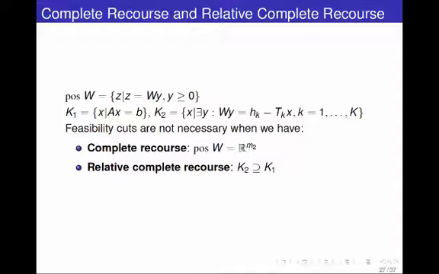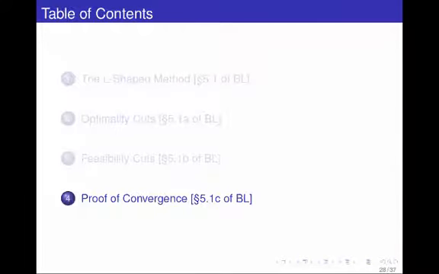That means if I pick an X in K1, I know I'm also in K2. So relative complete recourse means if I satisfy first stage constraints, I definitely also satisfy second stage constraints. In these two situations, I don't need feasibility cuts, right? In the first case, because any X will do. In the second case, because if I satisfy K1, I satisfy K2.